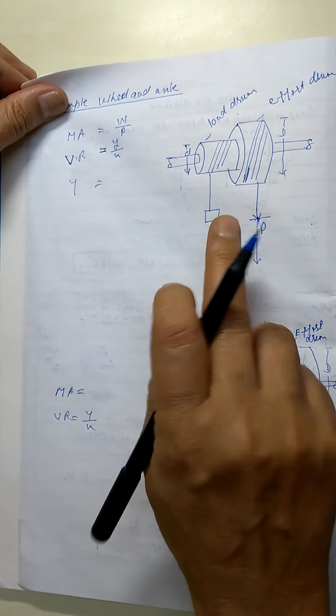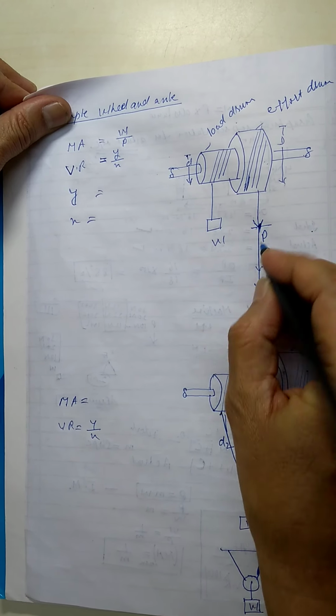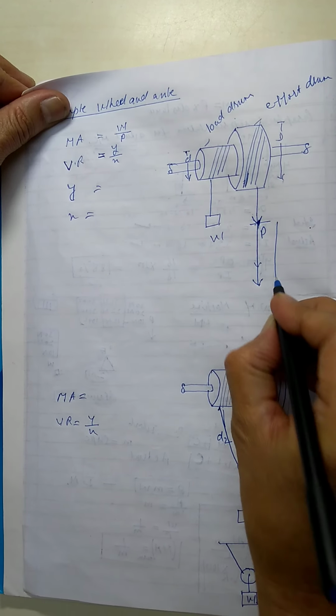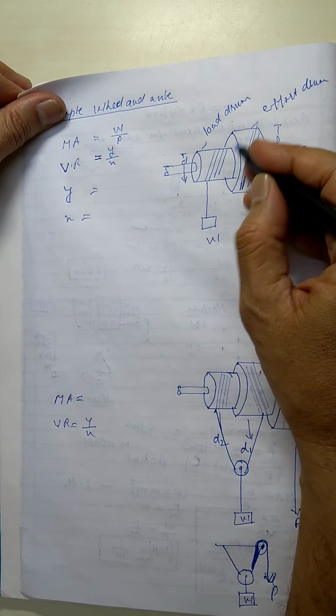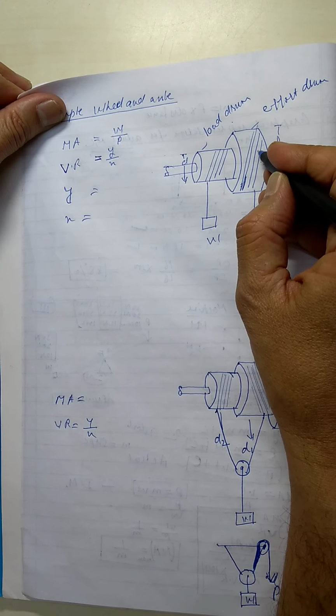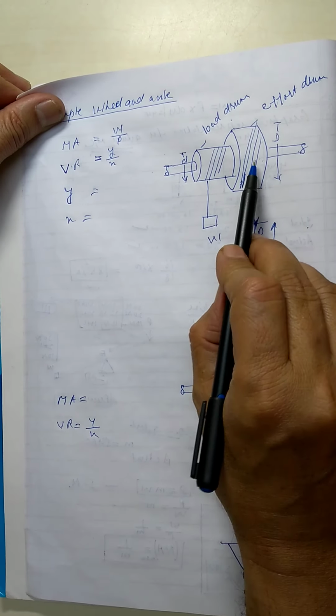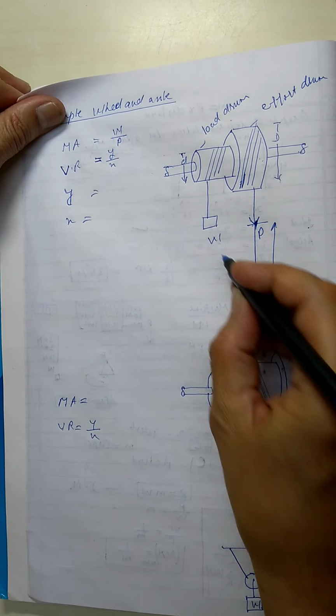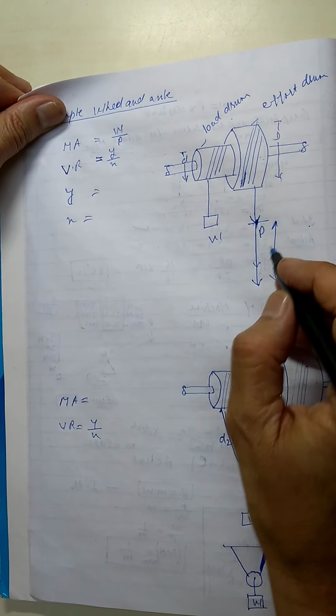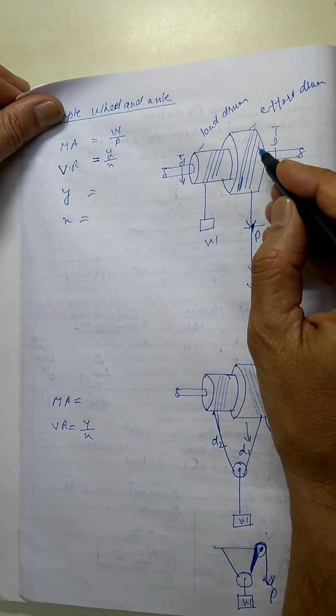Now suppose this is the point and the force is exerted, and we pull this point from here up to such a position that it completes its one revolution. If this completes its one revolution, this will also go through one revolution, and when P comes down, W will be lifted upwards.